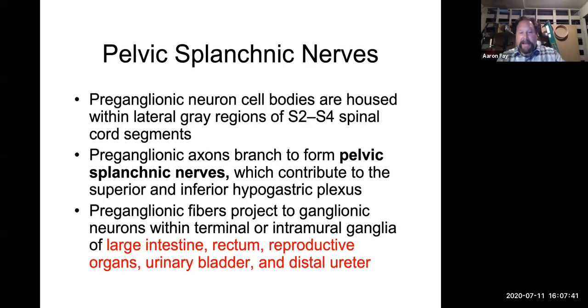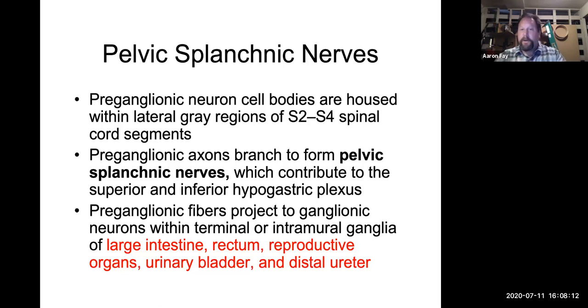Preganglionic axons branch from the pelvic splanchnic nerves, which contribute to the superior and inferior hypogastric plexus. Don't worry too much about that. Preganglionic fibers project to ganglionic neurons within terminal or intramural ganglia of, and this is what I want you to know, the large intestine, rectum, reproductive organs, urinary bladder, and distal ureter, basically the end of the ureters.